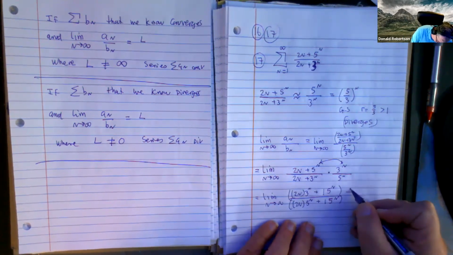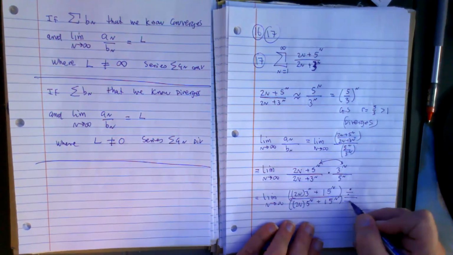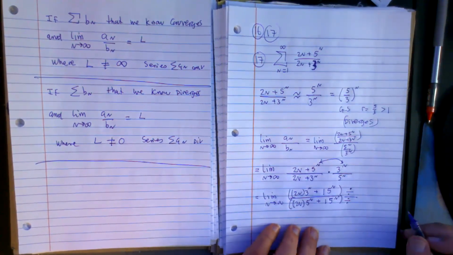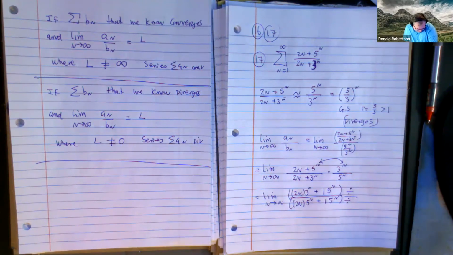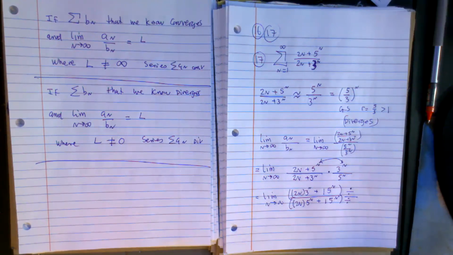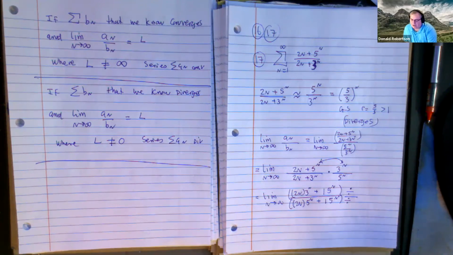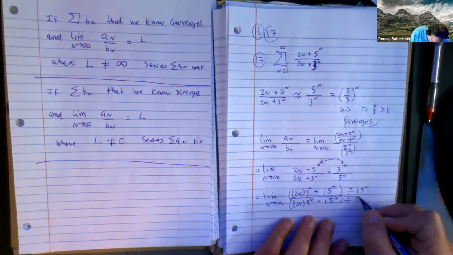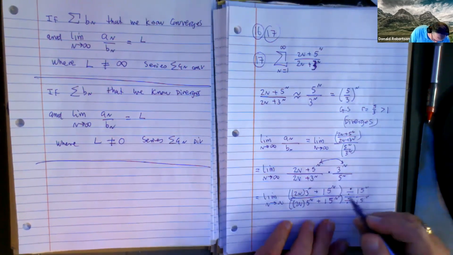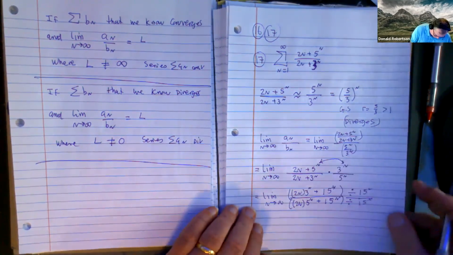What I am going to do is, can you factor at this point? Can you take a 3n out? No, I guess not. Well, you could factor, but I don't think it helps. What I'm going to do is divide the top and bottom by 15 to the n, which is essentially the biggest powers I could find.